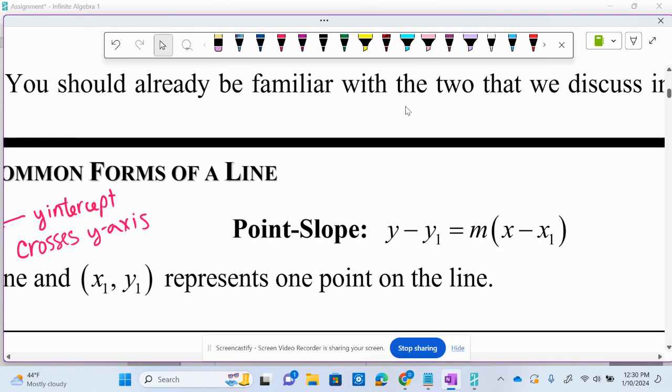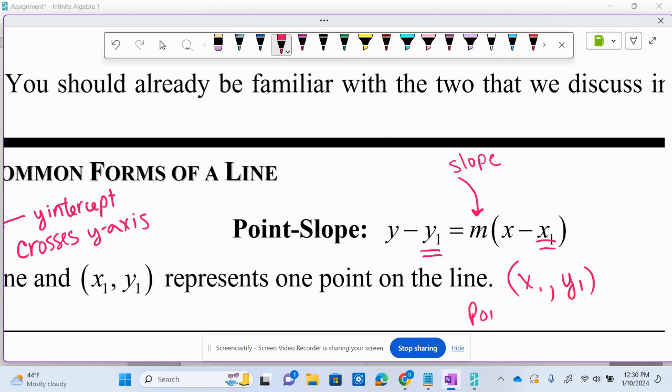Okay. The other form that we're going to talk about is point slope form. The reason point slope form is fabulous is because you only need to know the slope and one ordered pair. That x sub 1, y sub 1 is just a point on the line. And that's exactly what it says. It's just a point on the line.